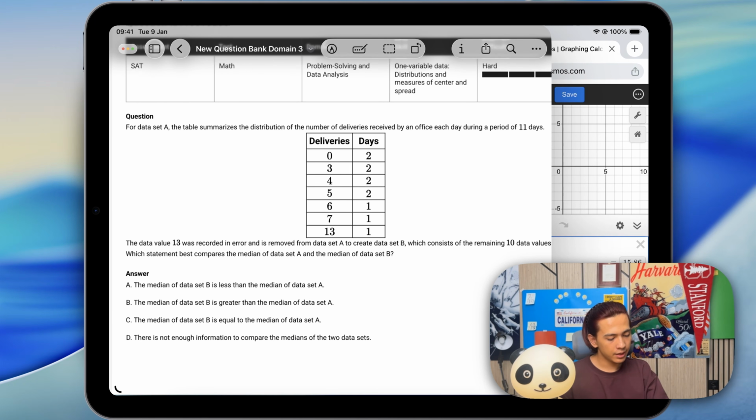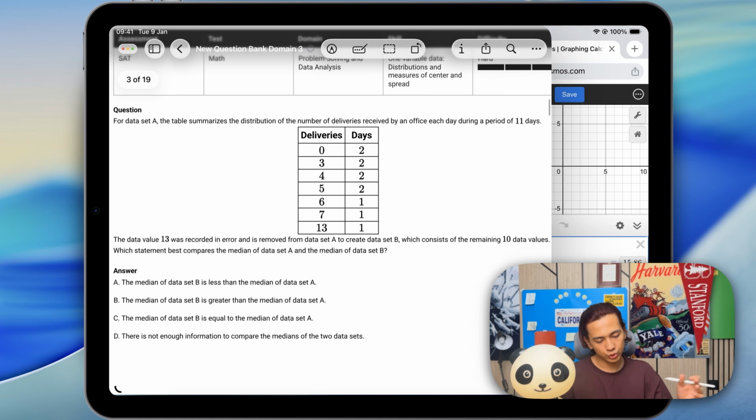For dataset A, the table summarizes the distribution of the number of deliveries received by an office each day during a period of 11 days. As you can see, in 2 days we had no deliveries. In 2 days we had 3 deliveries, and it goes on.